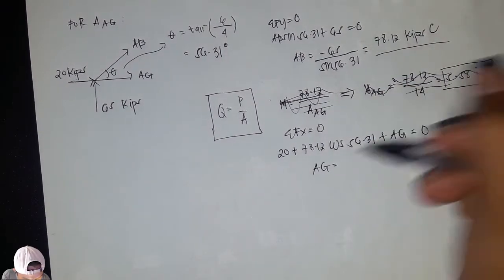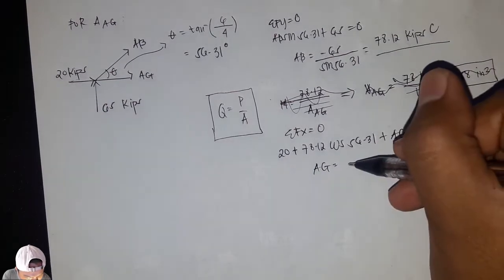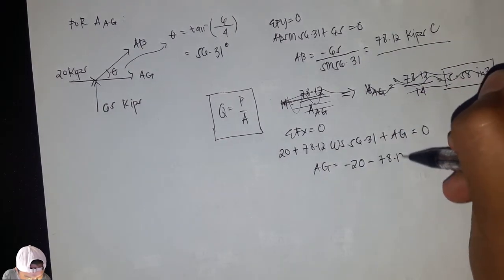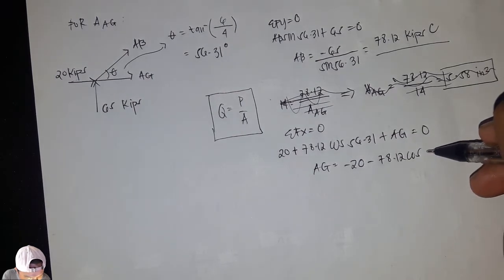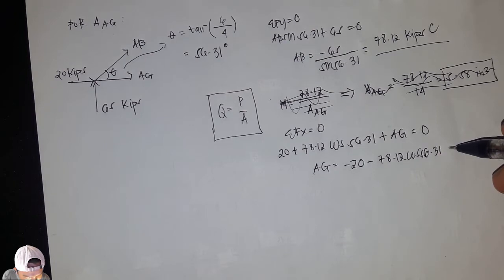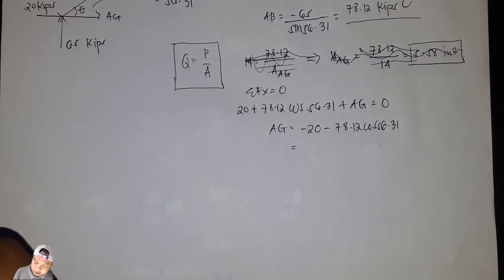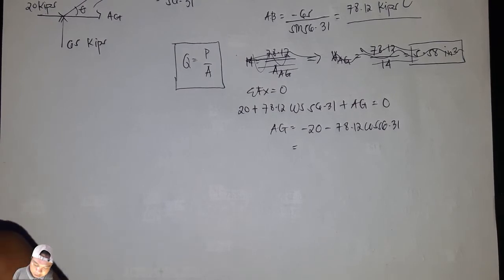So, AG is compression pa rin siya, siguro. Negative 78.12 cosine of 56.31. So, yung AG natin is 20 minus 78.12 cosine of 56.31.